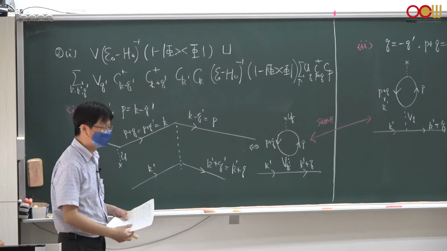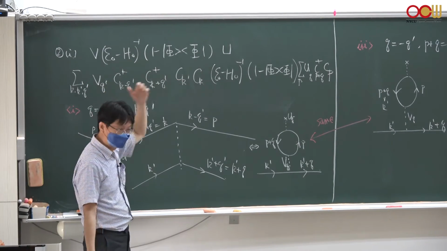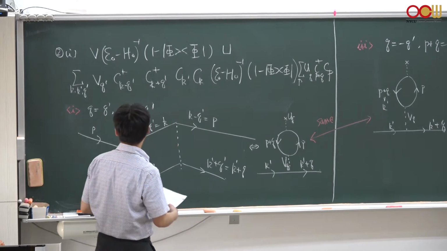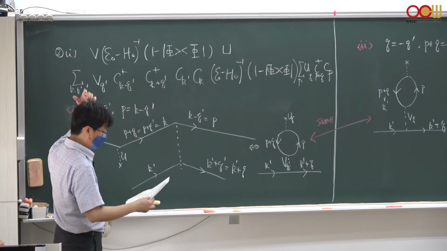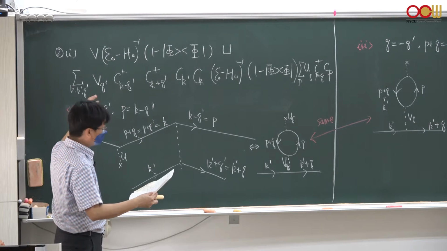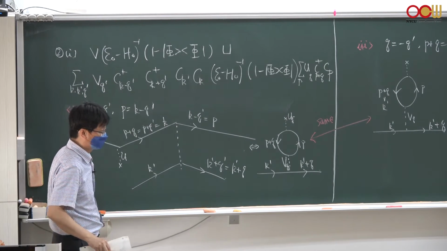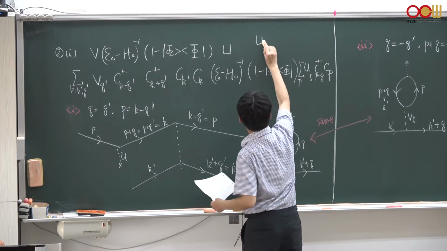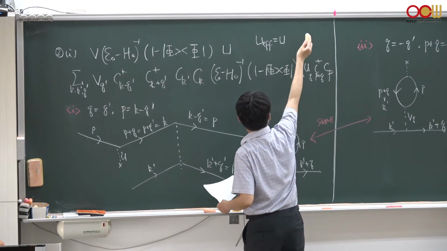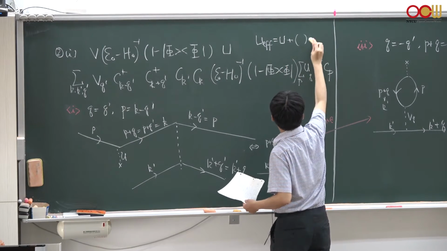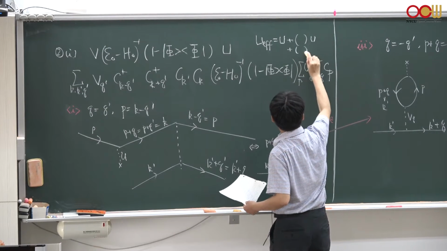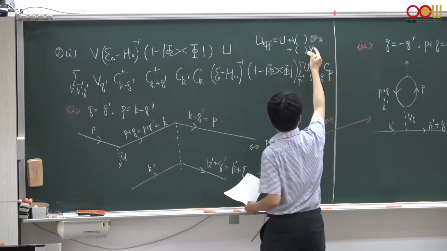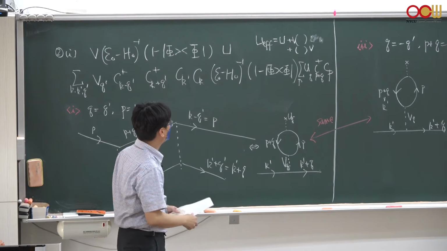Up to second order in those small parameters U and V, we could find the contribution to the effective U. In particular, there are two terms that will contribute to this correction of U effective. Remember, this U effective is the zeroth order U plus the second order corrections, with V and U appearing in two places.